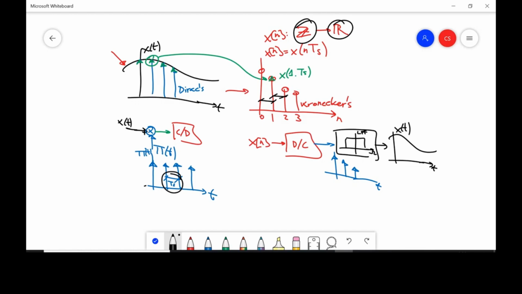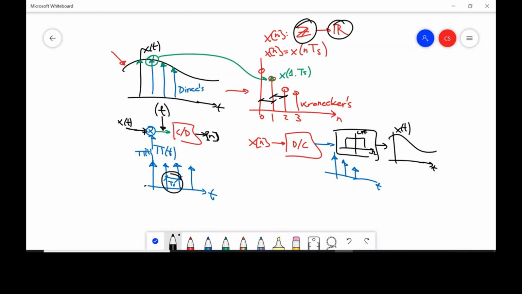And the second one is converting this multiplication, which still has a continuous nature, so it still depends on t, from continuous to discrete. And after that, it depends on n.